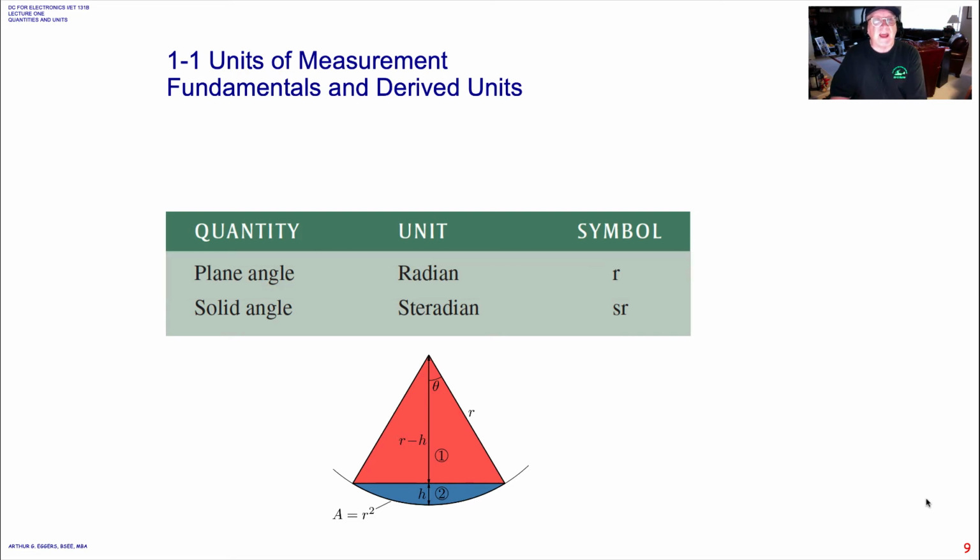The solid angle, though, that they introduce in your text, the steradian, not something you're going to use. You can see in the diagram below what the steradian actually amounts to, and this is actually a volumetric relationship. So it's not something you're going to see or use in this course, or particularly in a degree program like this.